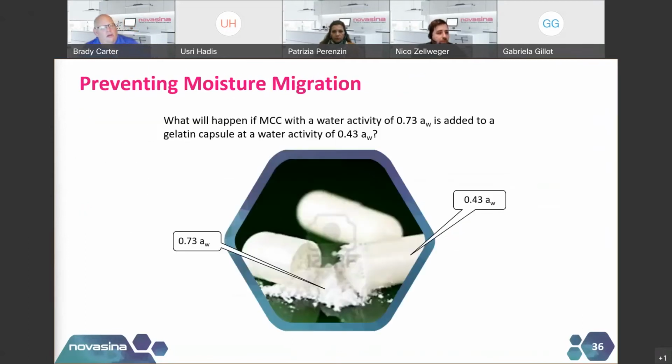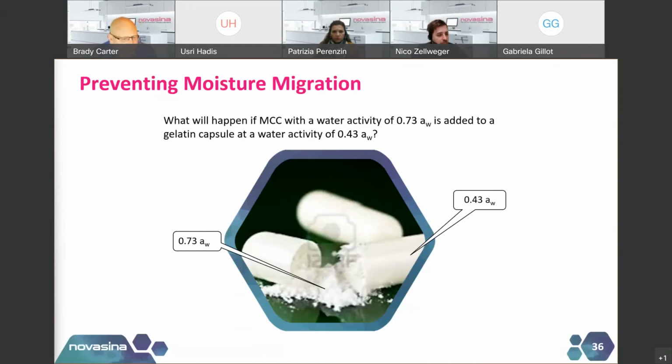Another important thing controlled by water activity is moisture migration, and this can be very important when making solid dosage forms that have distinct components, like a gel cap or a capsule with a medicinal material inside.